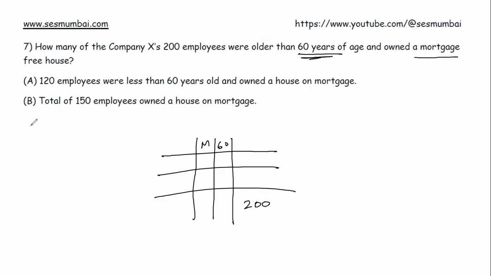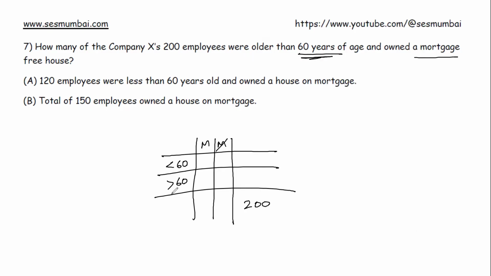So you take mortgage and no mortgage, and less than 60 and greater than 60.